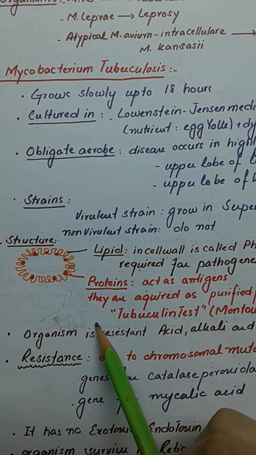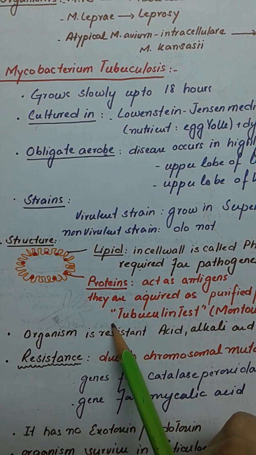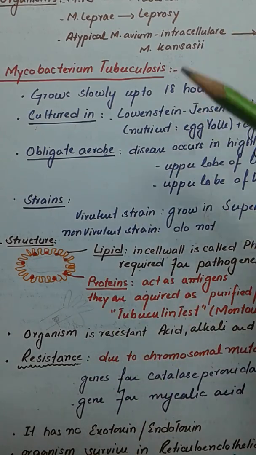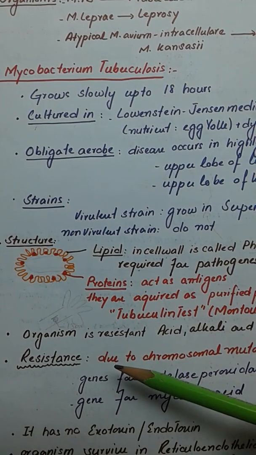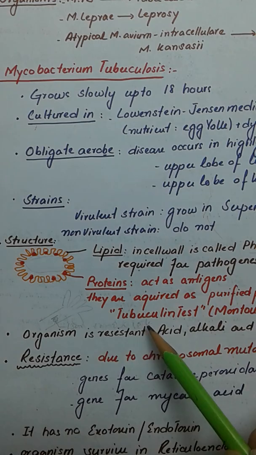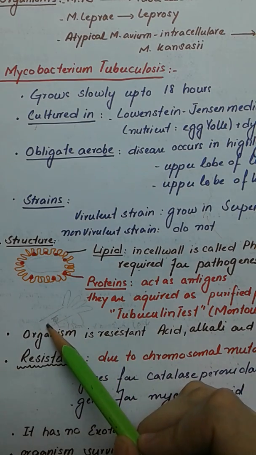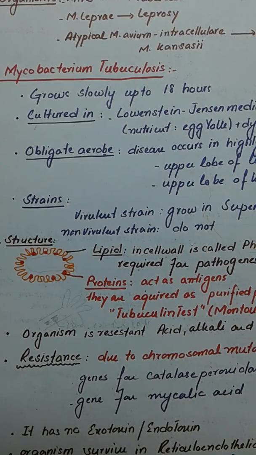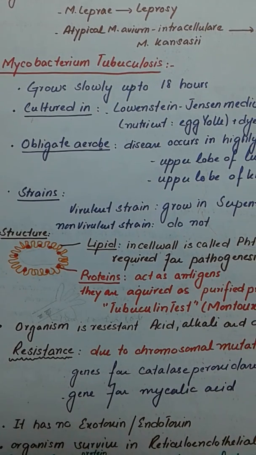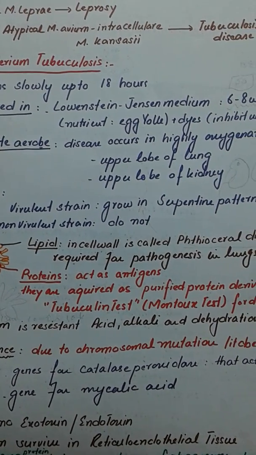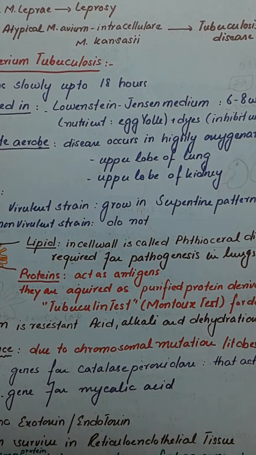If the induration lies between 10 to 15, there is a high risk possibility of this organism being present, but it is not clear yet. And if the induration size is less than 10 millimeters, it means that it is not present at all. Now, the other special feature of this organism is that it is resistant to acid, alkali, and it cannot even be dehydrated.